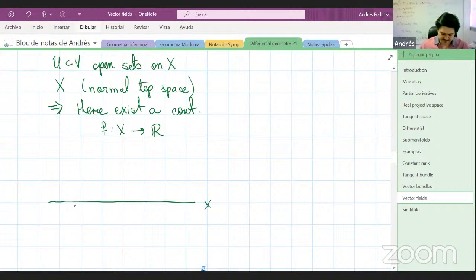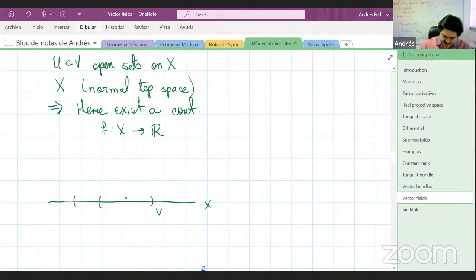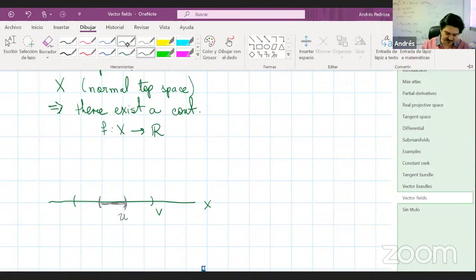This is X. V is my open set. Here I have U, another open set, smaller. So you have a continuous function that looks like this, real value continuous function.